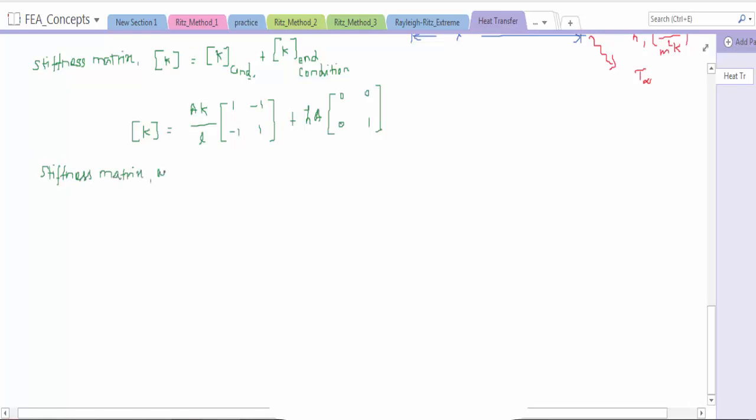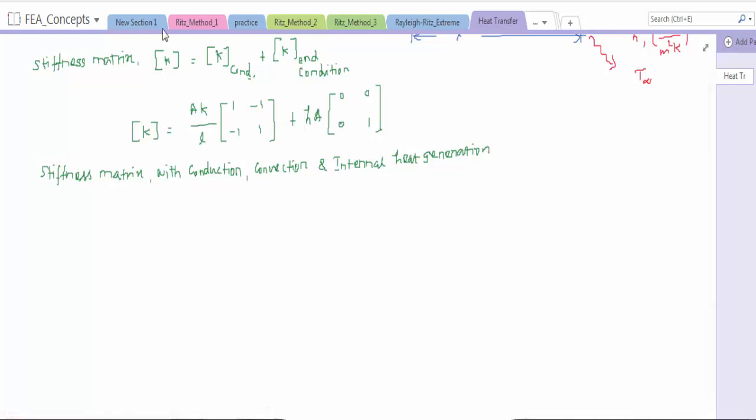So now the stiffness matrix with conduction and convection, and later we will discuss internal heat generation also. First let us write for conduction plus surface convection.